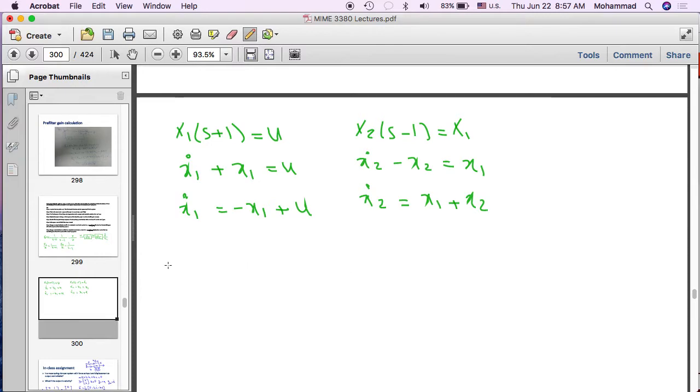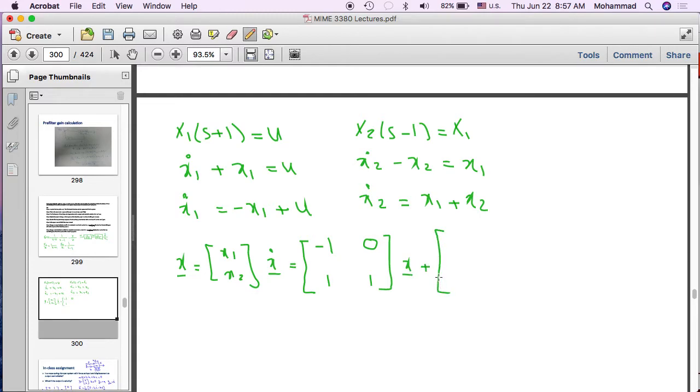The form of state space is this. We know X is made of X1 and X2, obviously. So we are looking for X dot. So X dot is minus 1 times X1, 0 times X2, and X2 dot is 1 times X1, 1 times X2. So this is X dot, a matrix A times X, plus another matrix times u.